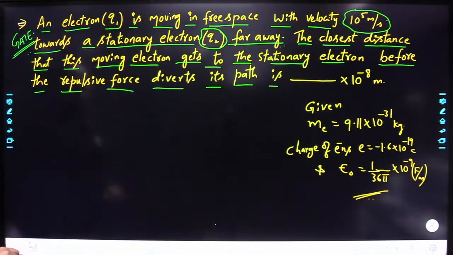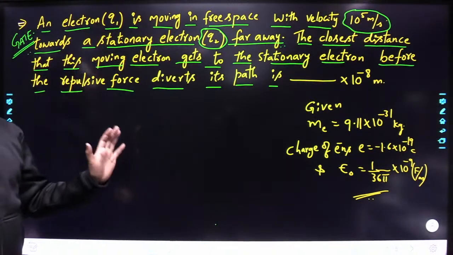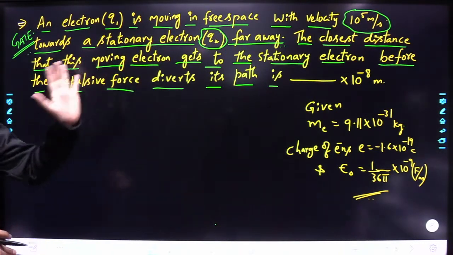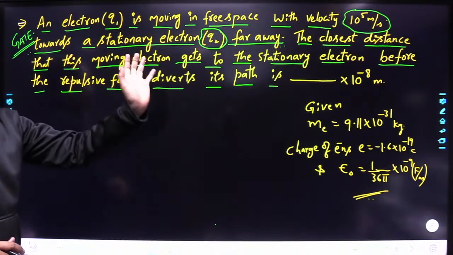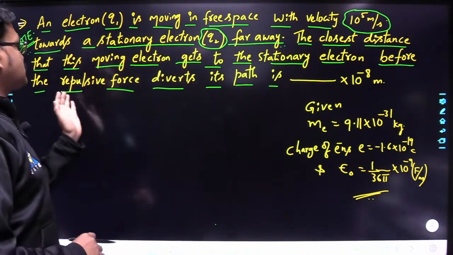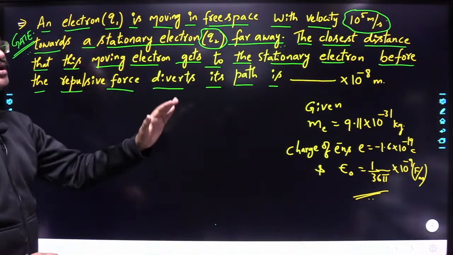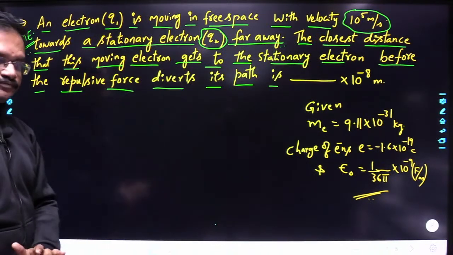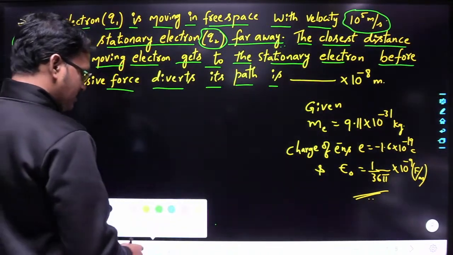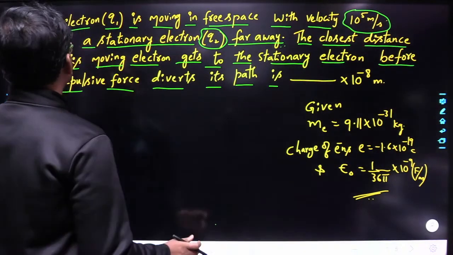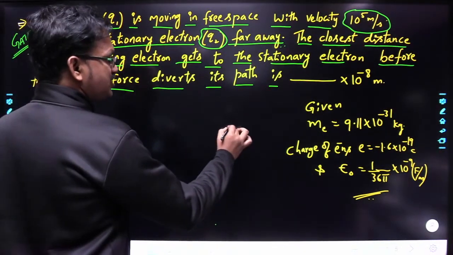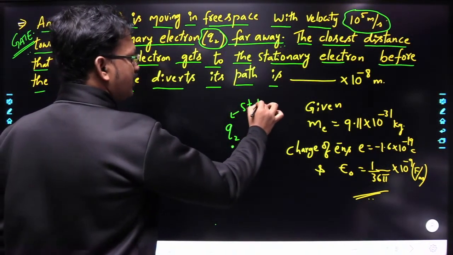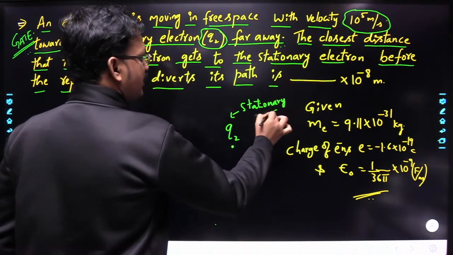So what they are asking: an electron Q1 is moving in free space with velocity 10 to the power of 5 meters per second towards a stationary electron which is far away. Here you have a stationary electron Q2.